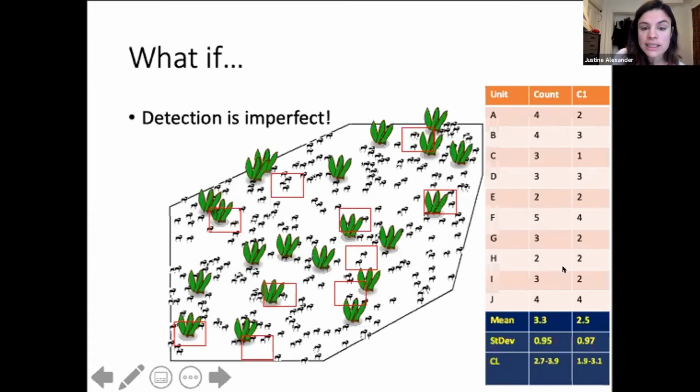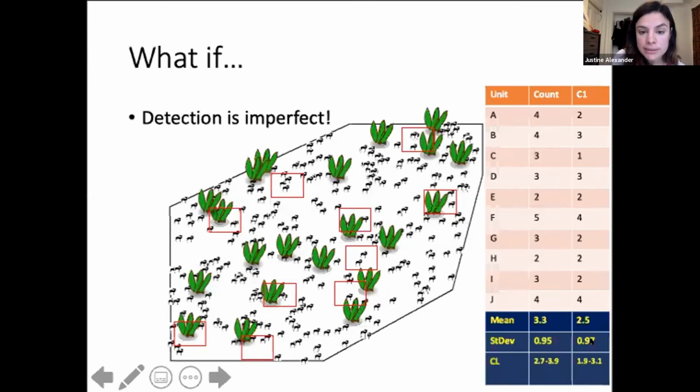So as you can see, when we're counting the mean, now we want to estimate how many individuals are in each grid cell, and we do this by calculating the mean. In this case, in the real world, there are 3.3 individuals per small grid.